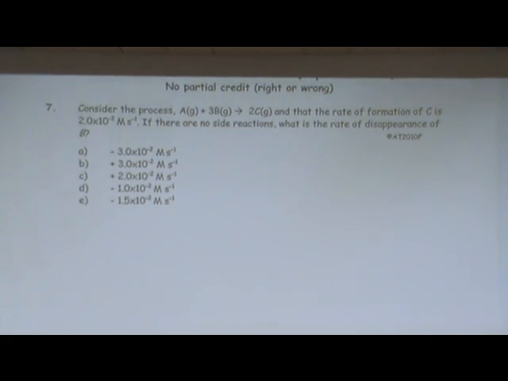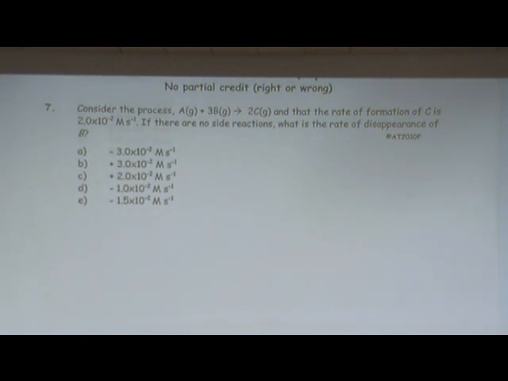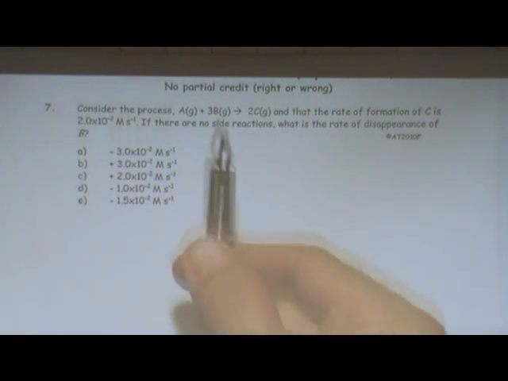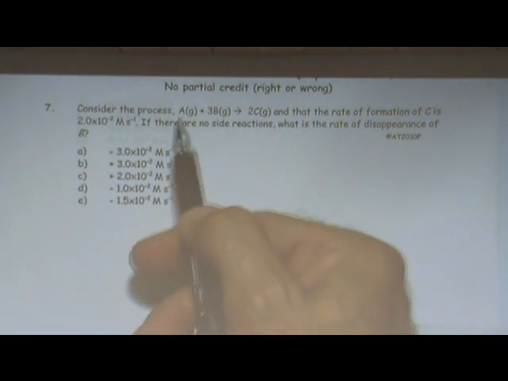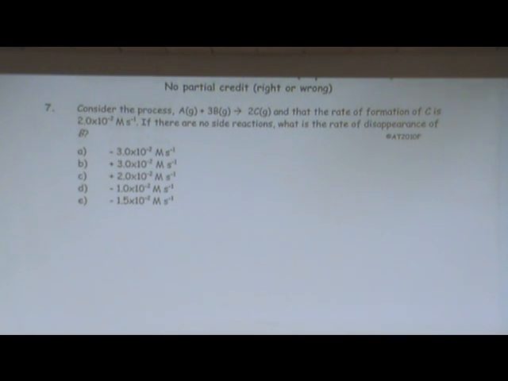It says if there are no side reactions, what's the rate of disappearance of B? Why does it say no side reactions? Because if there are side reactions, besides A and B going to C, at the same time A and B can give you some other reaction.